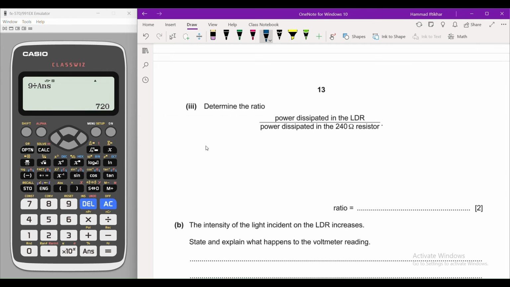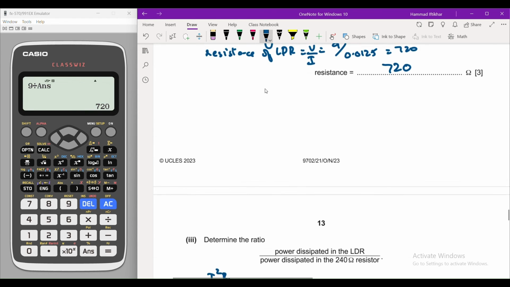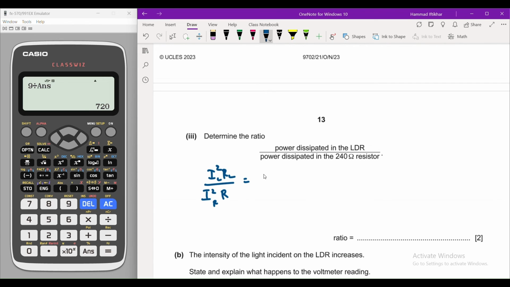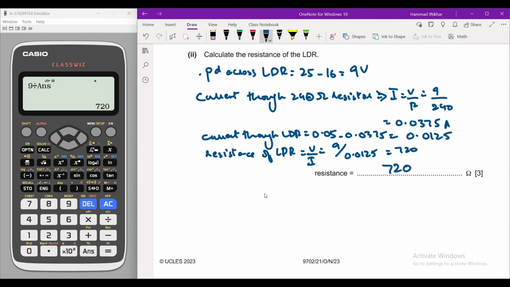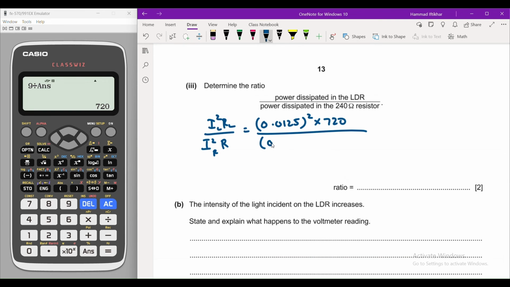Power dissipated in the LDR is I squared R_LDR, and in the resistor it is I squared R. So the current passing through the LDR was 0.0125, squared, times 720, divided by 0.0375, squared, times 240.